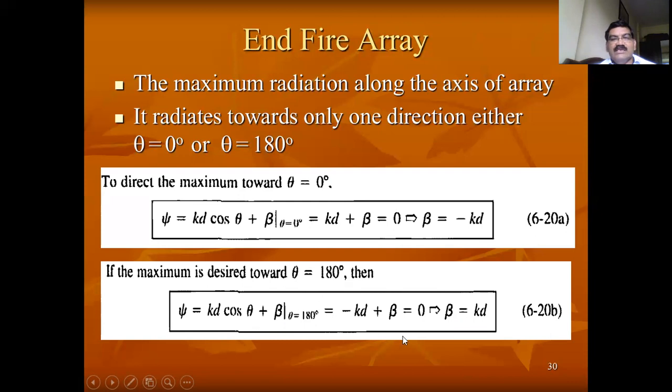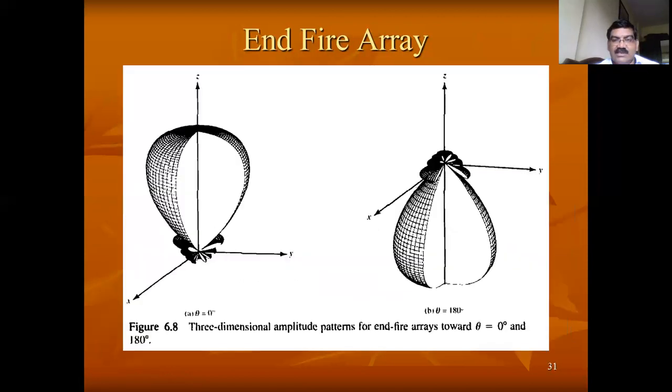For the negative z-axis, beta equals kd. For the positive z-axis, beta equals minus kd. So if you change this angle, beta plus and minus, you will get the radiation pattern either on the positive z-axis or the negative z-axis. So this is the positive z-axis, theta equals 0. This is the first case.